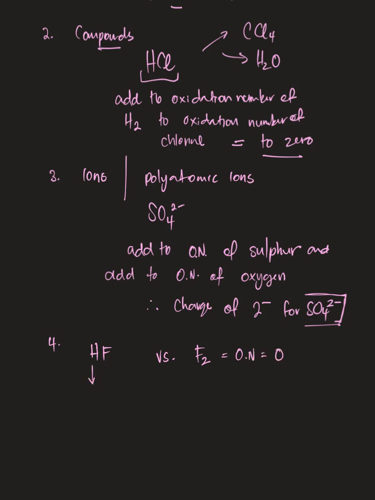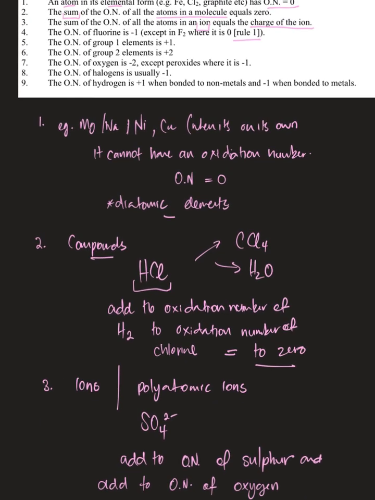However, the oxidation numbers here and here differ. So here it's going to be always -1. And I know for all compounds it must equal 0, so this one will definitely have to be +1, giving my molecule an oxidation number equal to 0.